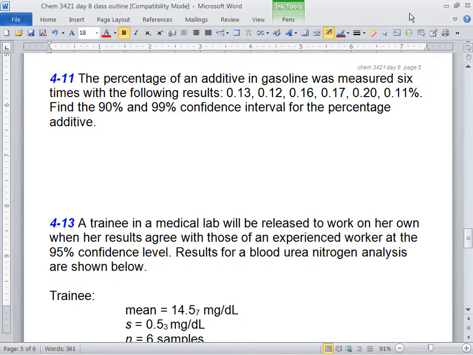Jeff, how do you do that? It says find the average, find the standard deviation.